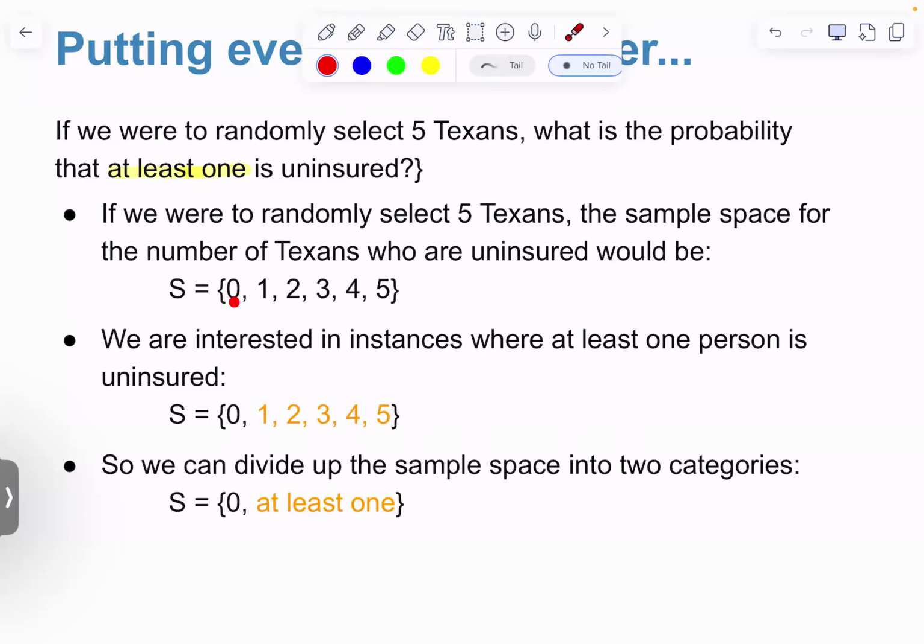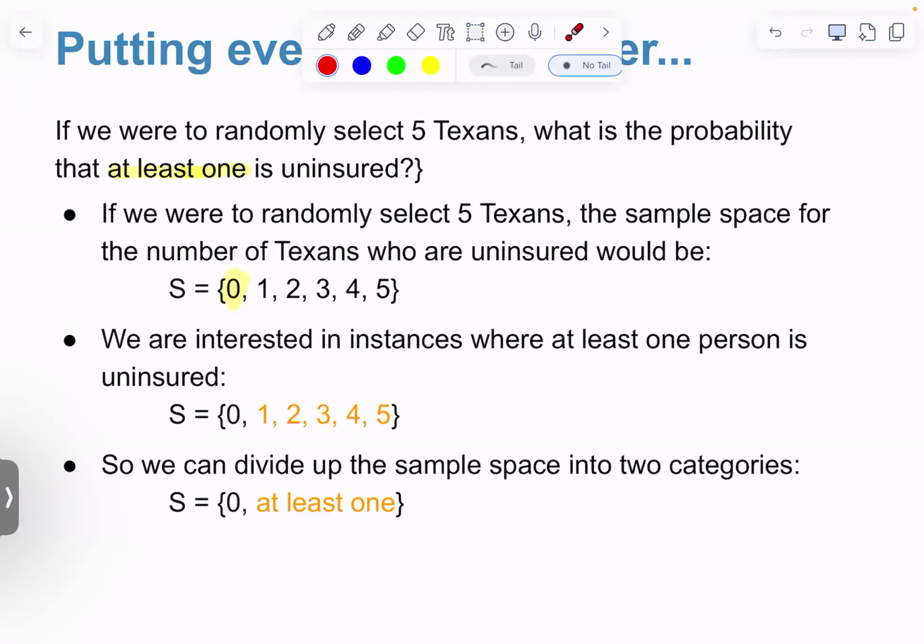That can happen. So I'm going to highlight the 0 here because that one is so easy to forget. Could be 1, could be 2, could be 3, could be 4, could be 5. If I've sampled 5 Texans, the number who are uninsured will be one of these in the sample space.